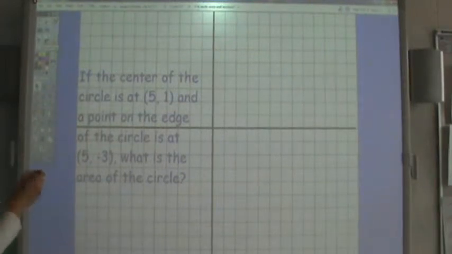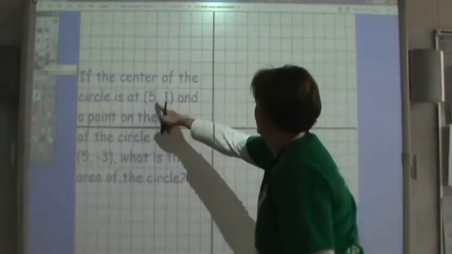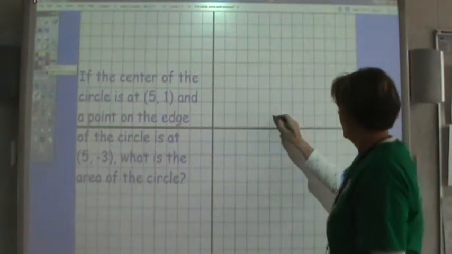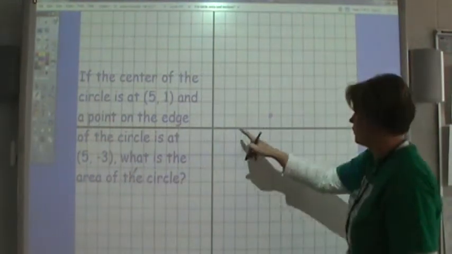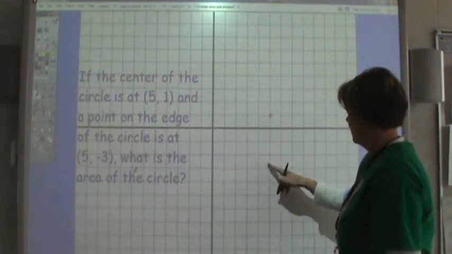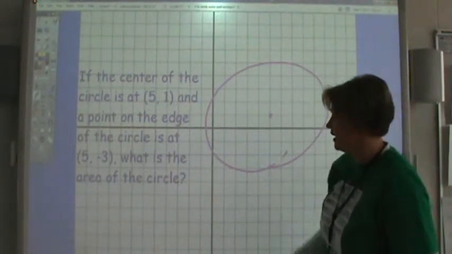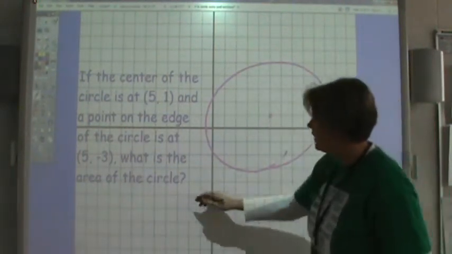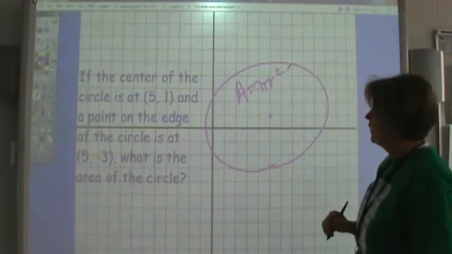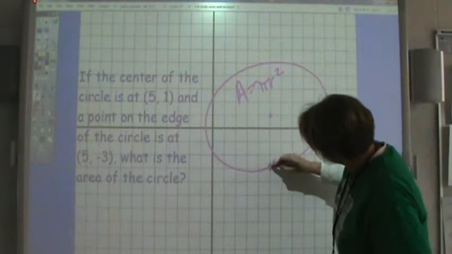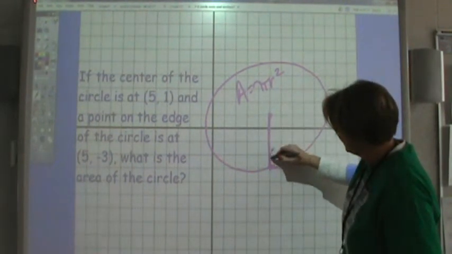All right, and then this is going to come up too, so let's just do this one quick. It says if the center of the circle is at 5, 1, and a point on the edge of the circle is at 5, negative 3. Roughly, it's not a circle, but you get the idea. What's the area of the circle? Well, to find the area of the circle, all you need is pi r squared. If this is on the edge of my circle, I can figure out the radius right here: 1, 2, 3, 4.